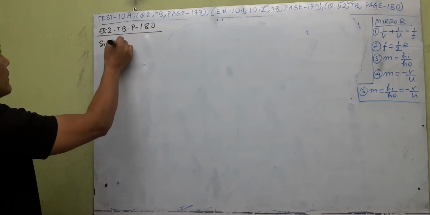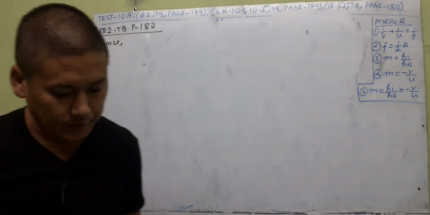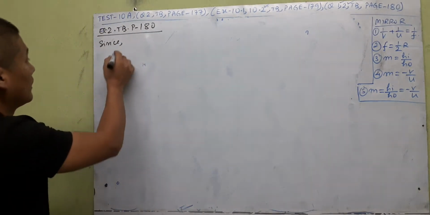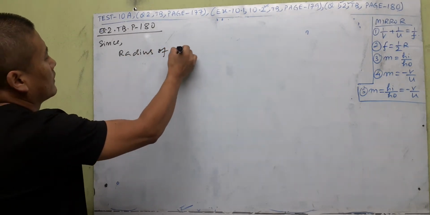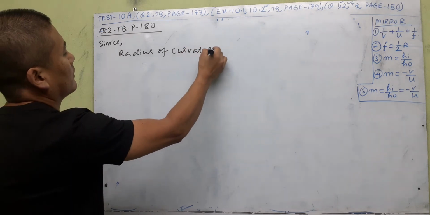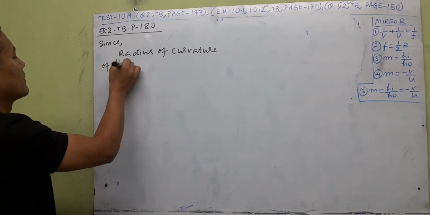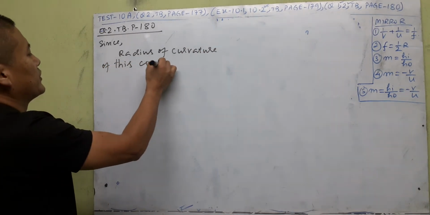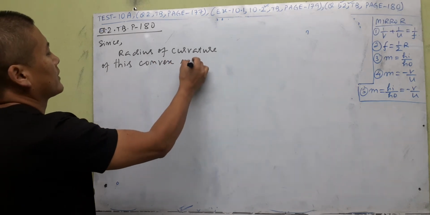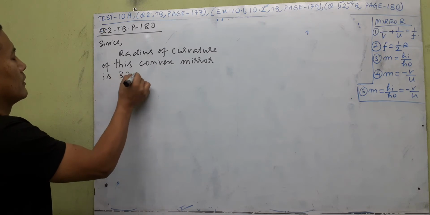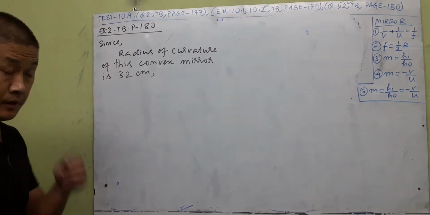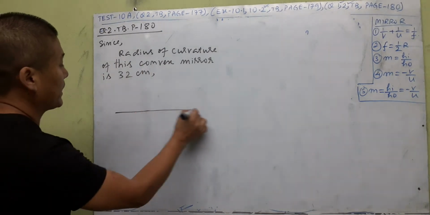Since the question is clearly saying radius of curvature of this convex mirror, very clearly they said convex, of this convex mirror is 32 centimeter. We know the convention now, very easy. Draw with your pen.